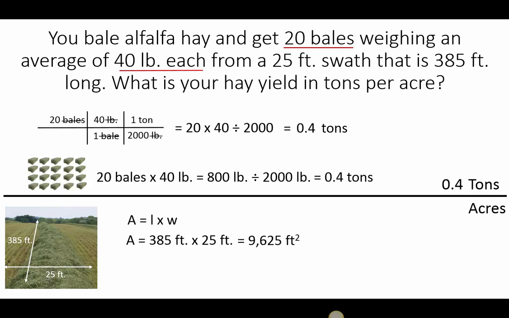Remember, 1 acre equals 43,560 square feet. If we convert that into acres, we will divide by 43,560 square feet to get an area of 0.2 acres. So our yield is 0.4 tons derived from 0.2 acres.